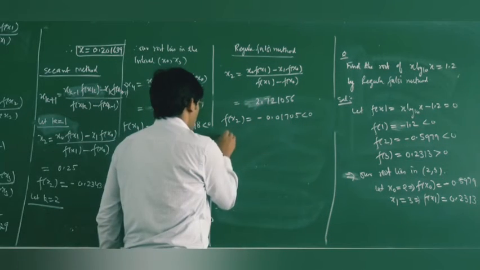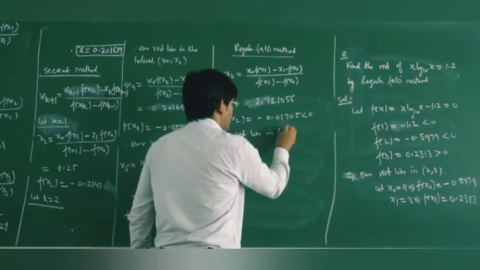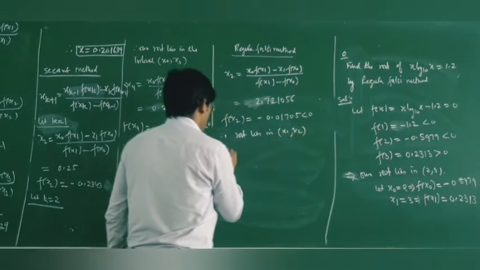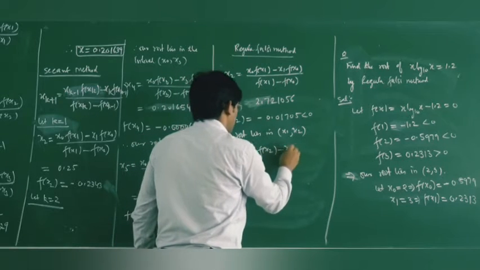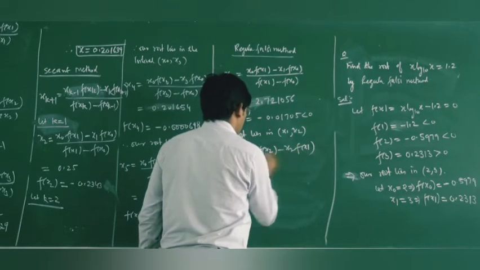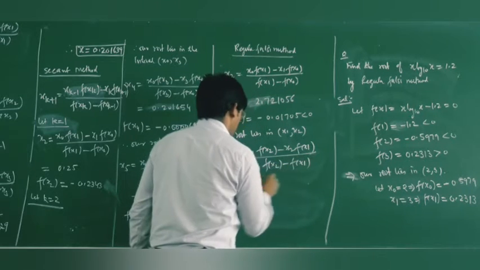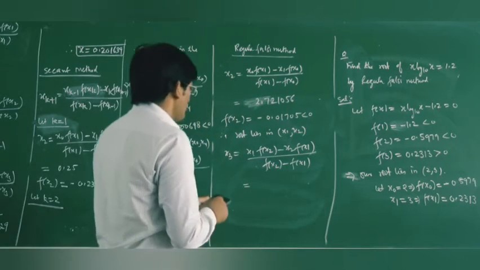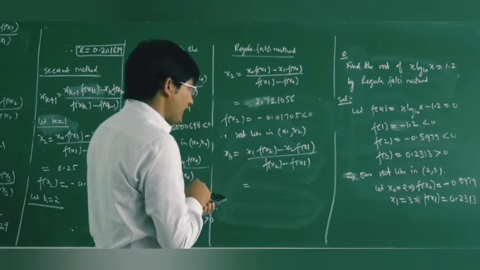So therefore, root lies in the interval x1, x2. So therefore, your x3 will be (x1 f of x2 minus x2 f of x1) divided by (f of x2 minus f of x1), and this is equal to, now your x1 is 3 multiplied by this f of x2.